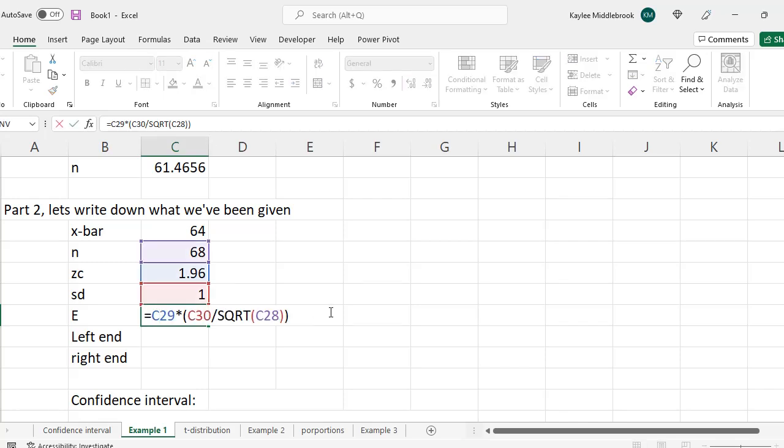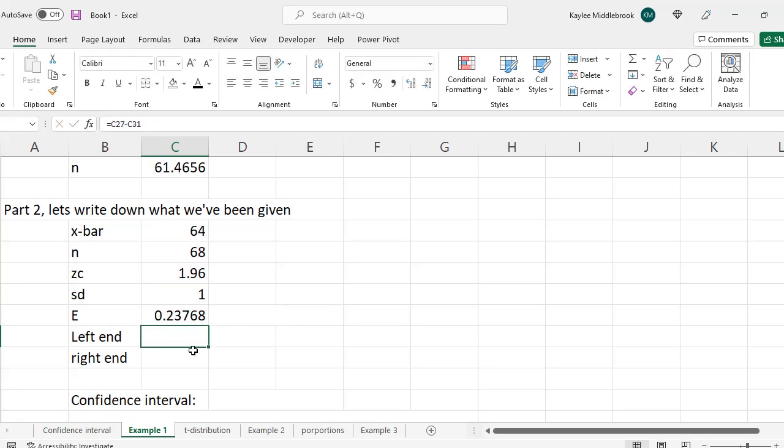We're going to take our critical value and multiply it by our standard deviation divided by the square root of n, where the standard deviation divided by the square root of n is in its own function, and then it's all multiplied by the critical value. That gives us our error of 0.23.